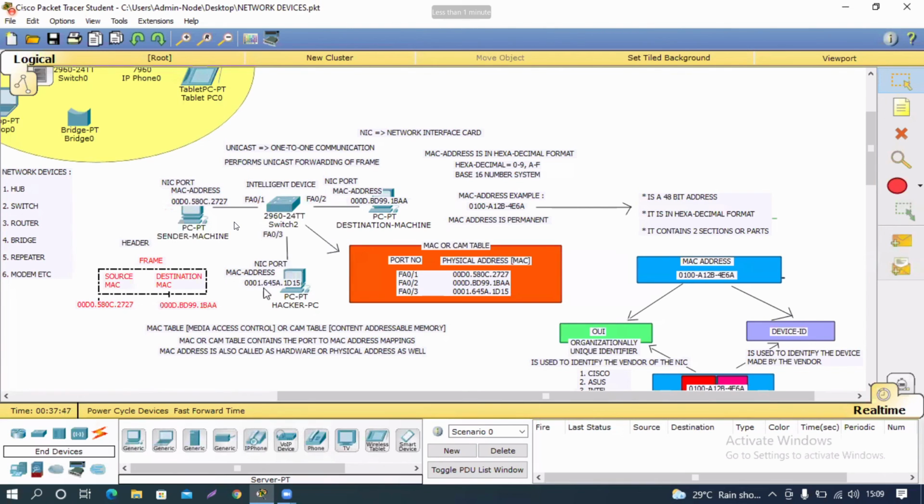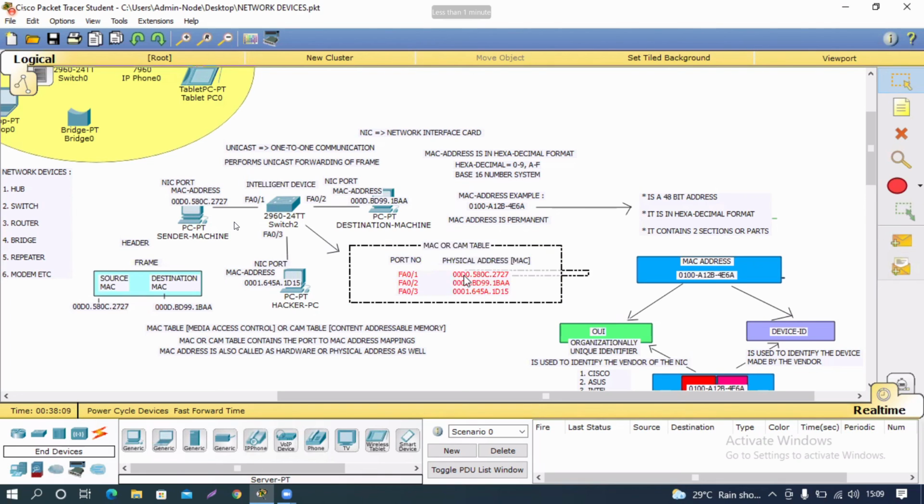It is not this machine's MAC address. 1D15 is at FS0/3, so if it is 1D15, this frame goes to that machine on FS0/3. This is the table every single switch maintains, and that is why we consider it intelligent, because it intelligently delivers the frame based on this table information.